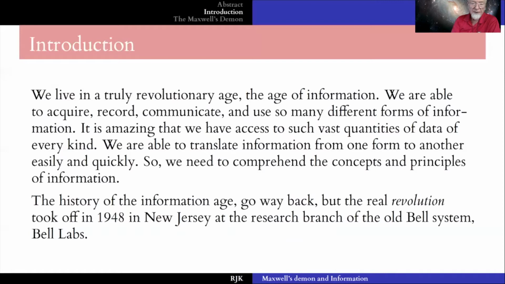The history of the information age goes back to the real revolution that started in 1948 in New Jersey, Holmdel, at the research branch of the old Bell system, Bell Labs.